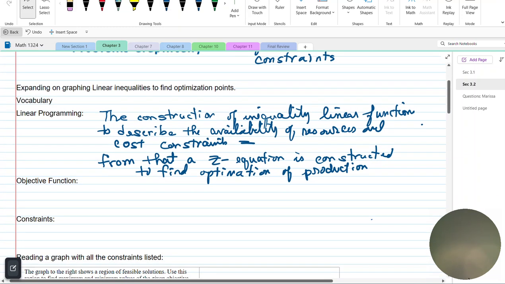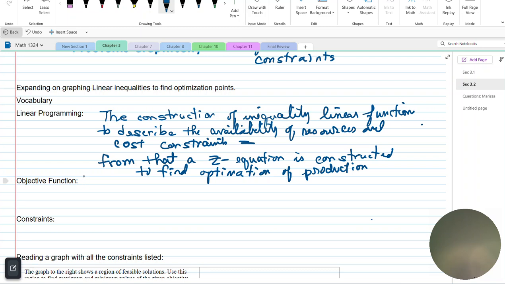So let's talk about the parts of this. The objective function, and they call it a function because it's three variables and you can put anything in there.